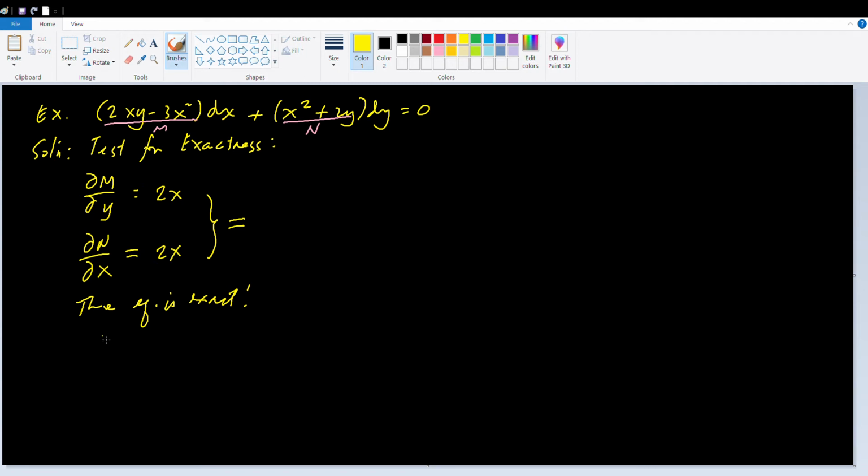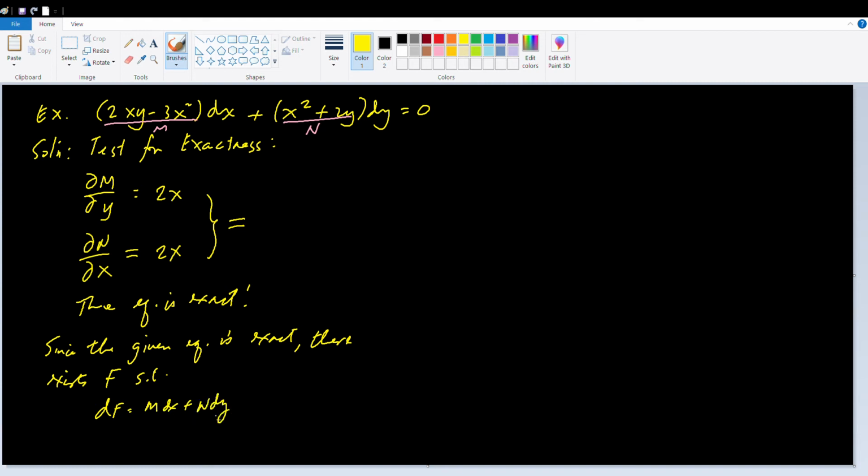Since the given equation is exact, there exists f such that the differential of f is equal to M dx plus N dy.